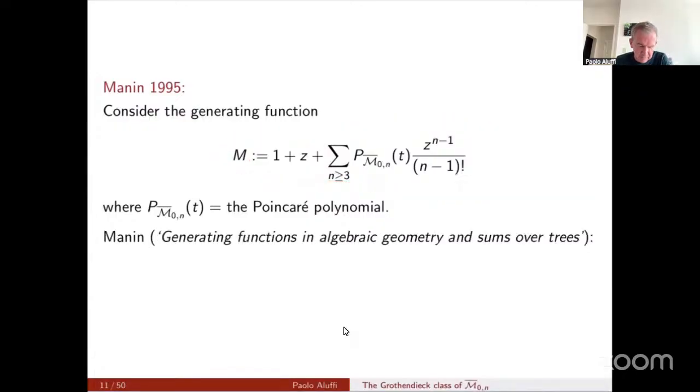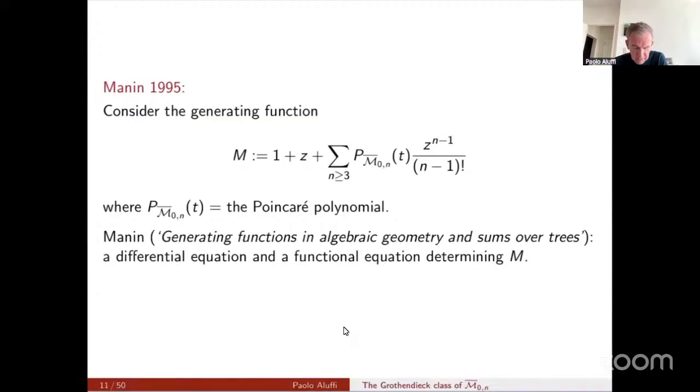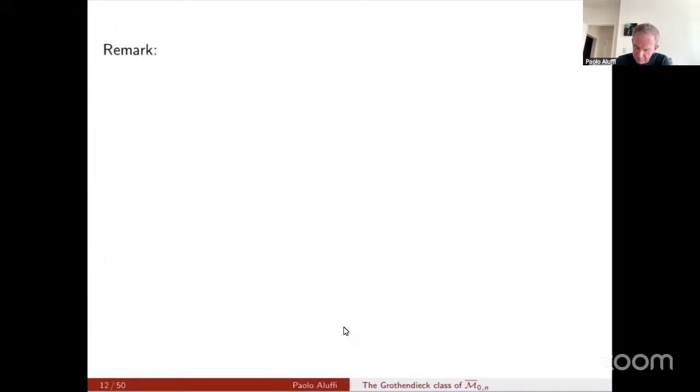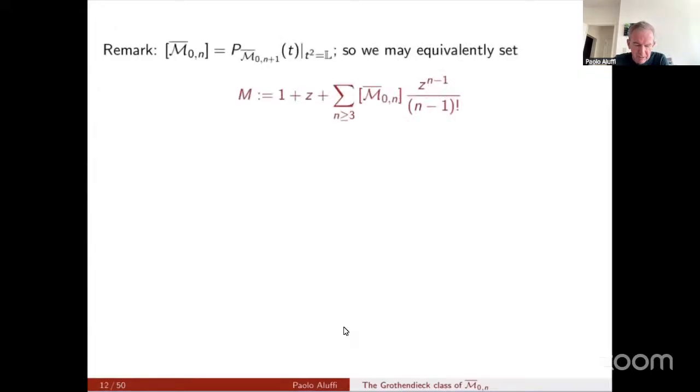And he does. In this paper, Generating Functions in Algebraic Geometry and Sums over Trees, he proves that there is a nice differential equation and a functional equation that determines this function. It will come in a moment. Again, this is just to connect the class in the Grothendieck group with the Poincaré polynomial.